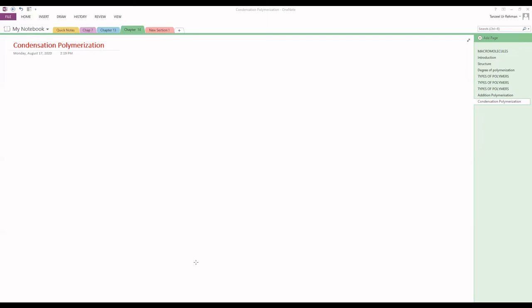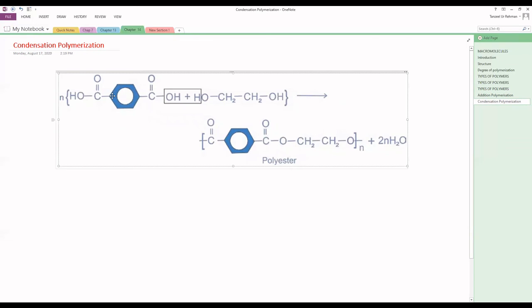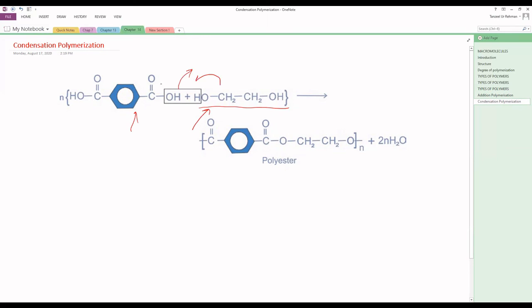Here we have another example. This dicarboxylic acid reacts with a diol. When these two molecules, dicarboxylic acid and dialcohol, react, there is a removal of a water molecule and these two molecules condense together.